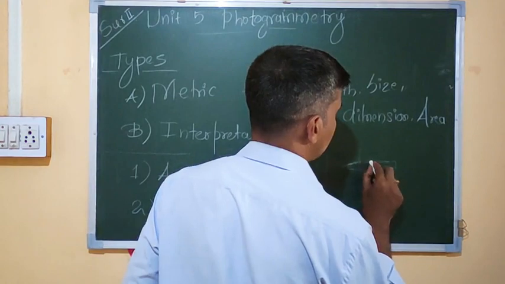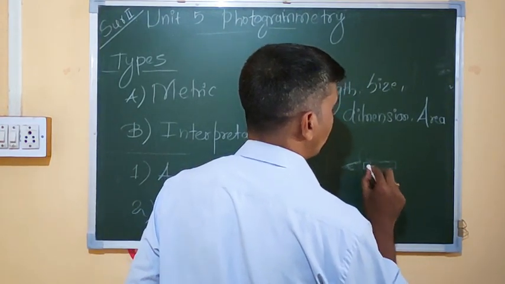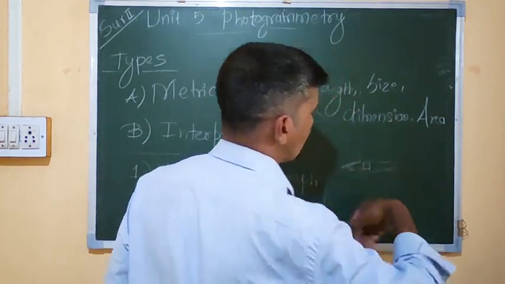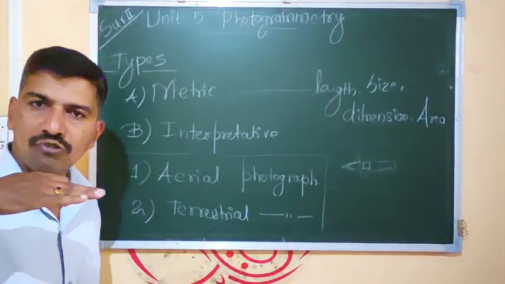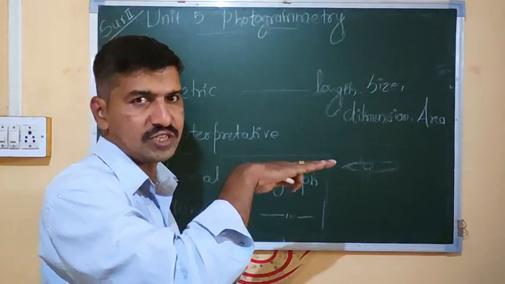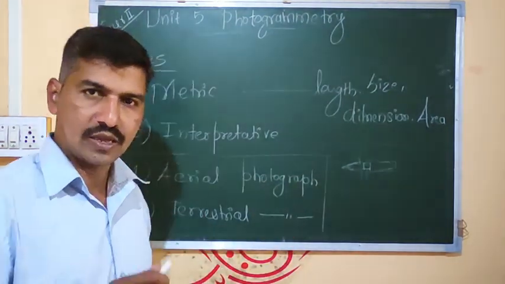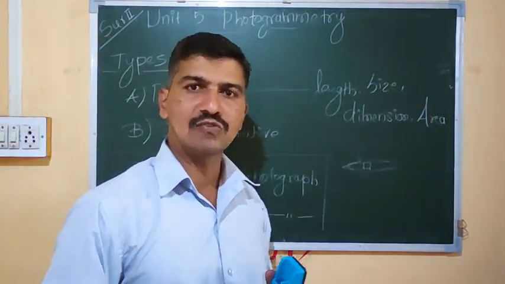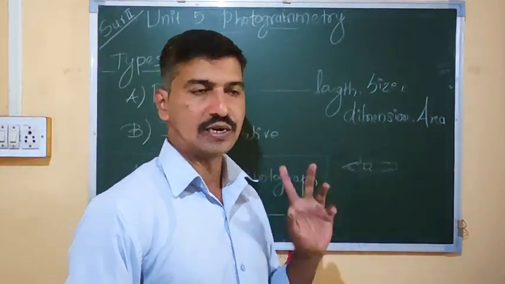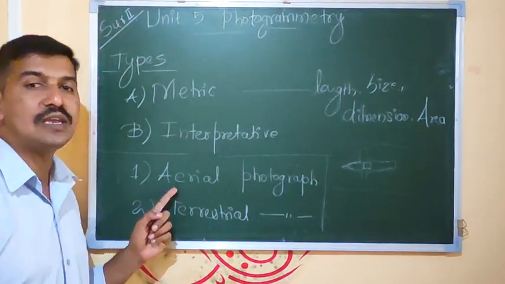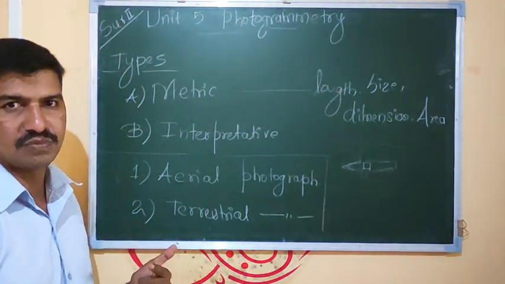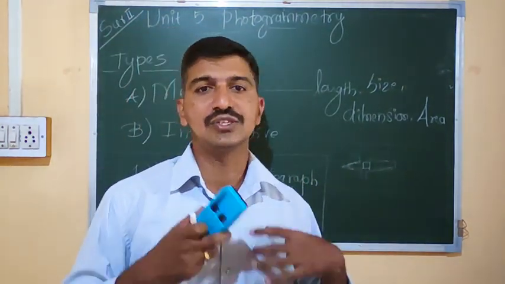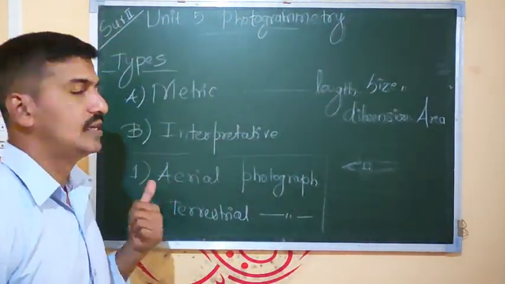Let us say this is the space provided for the camera, and it will be capturing the area over which the aircraft is moving. A camera mounted in an aircraft, and the photos taken from this kind of arrangement, are called aerial photographs. Most of the time, aerial photographs will cover a larger area as compared with terrestrial photographs.